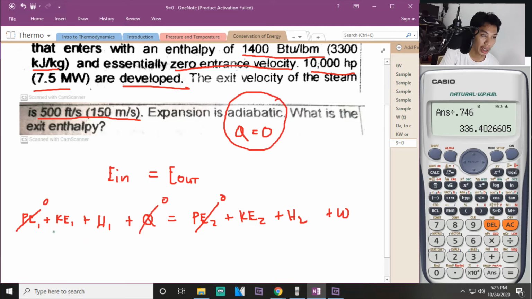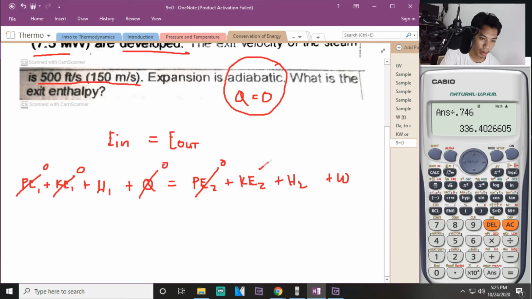So, 0 entrance velocity, 0. So, ang natira is ito, and ito. Ang kinukuha natin is H2, exit enthalpy. H2 is equal to negative KE2, minus work plus H1.